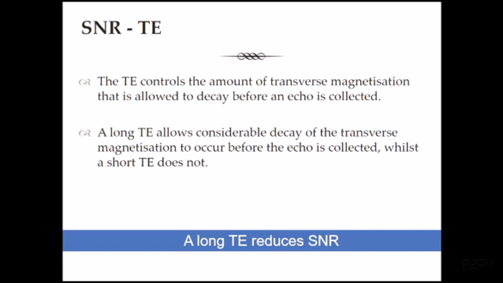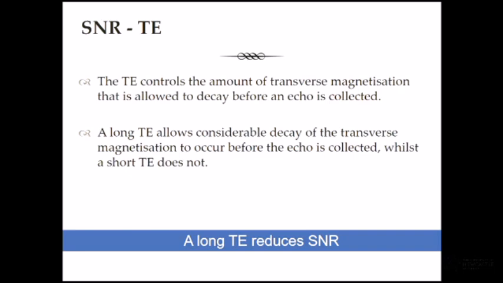So we can determine with echo time when that echo is collected. We either acquire a short TE for T1 weighted or a long TE for T2 weighted. And the longer we wait, the less magnetisation we have in the transverse plane because it's decayed through that T2 effect. Does that make sense?